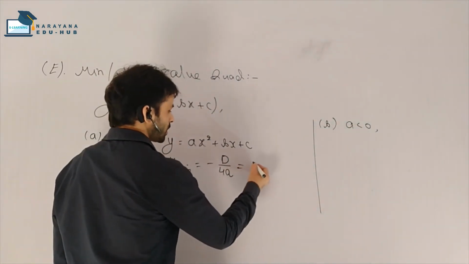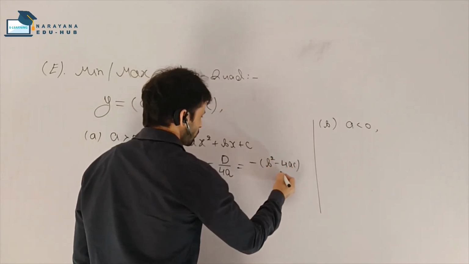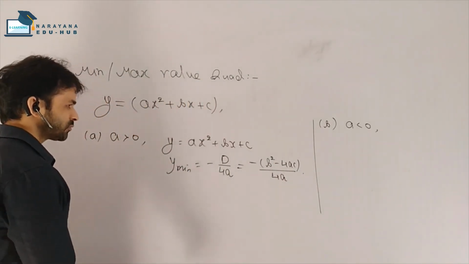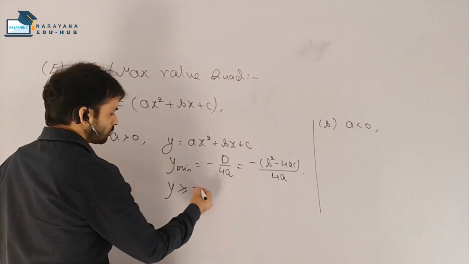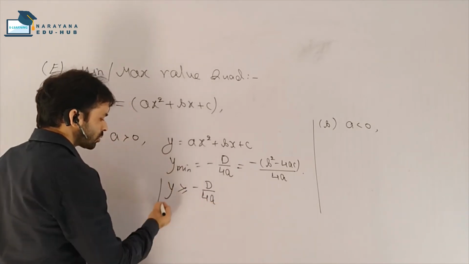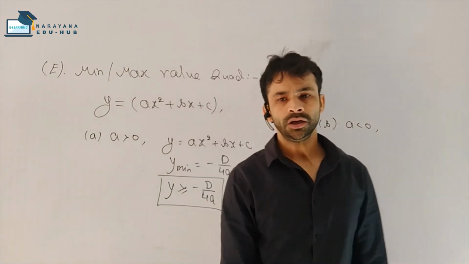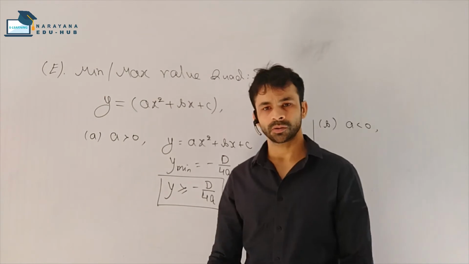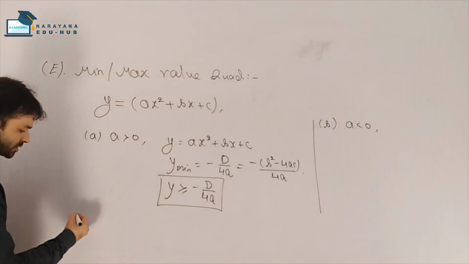So minus d by 4a is the minimum, or you can say y is always greater than or equal to minus d by 4a, because this is the minimum value. We'll derive this. First of all, we'll see this value through some example, to understand in a better way. So we'll take one example.